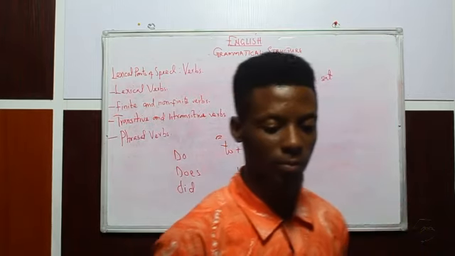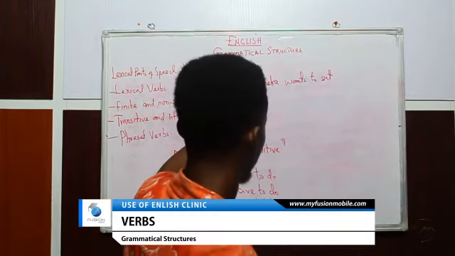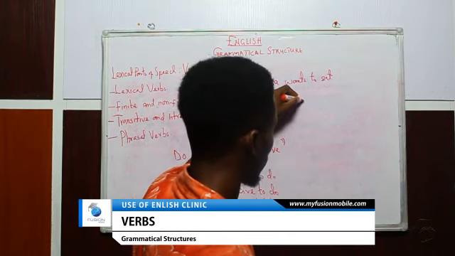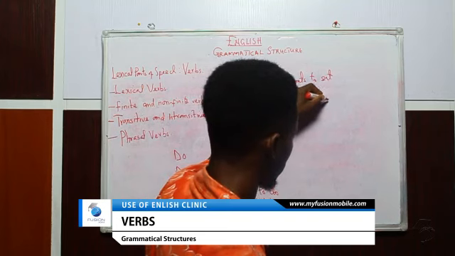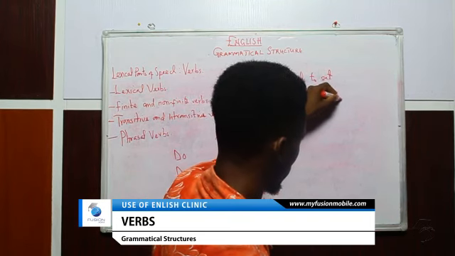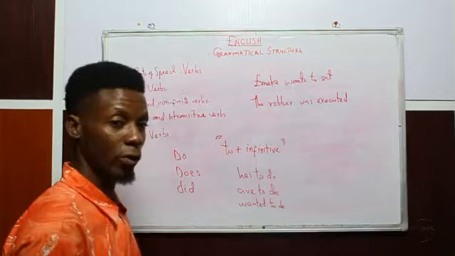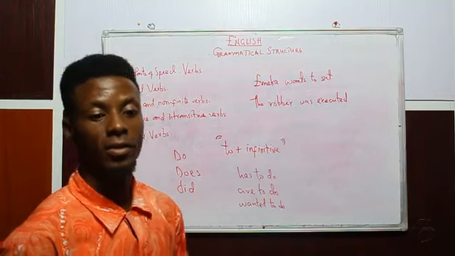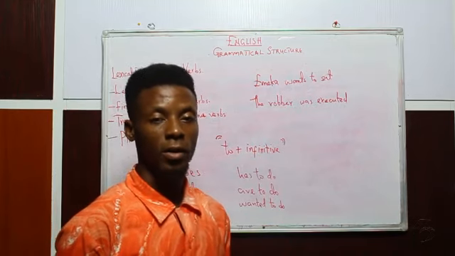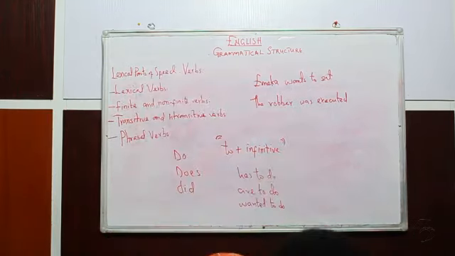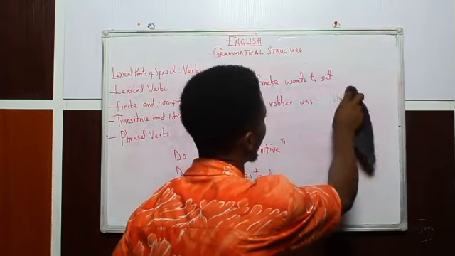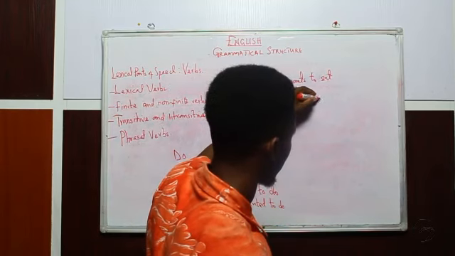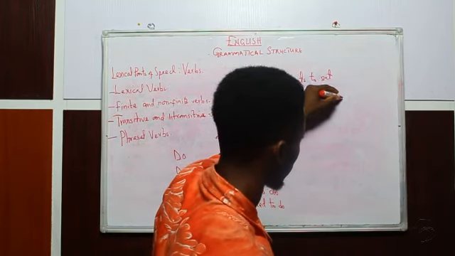Another example is, the robber was executed. The robber was executed. The robber has been executed.